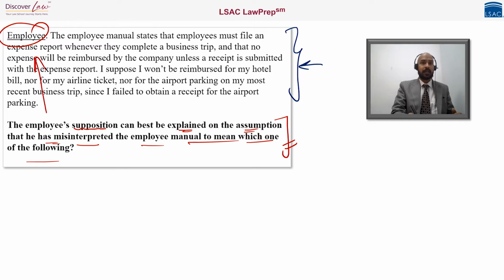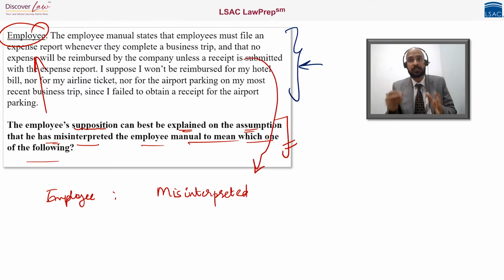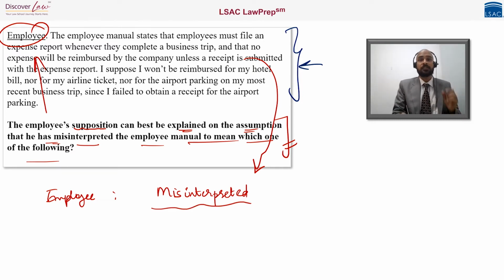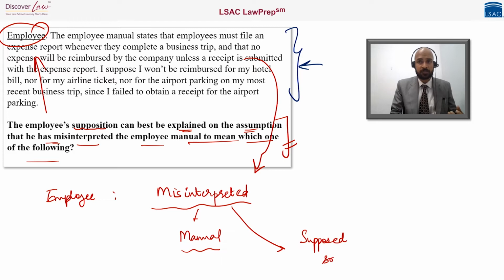It means that the employee has definitely misinterpreted something. That's what it tells you, that in these lines there's a misinterpretation that has been done by the employee. A misinterpretation of what? Of the employee manual. And on the basis of this misinterpretation, he has supposed something. That's his supposition.